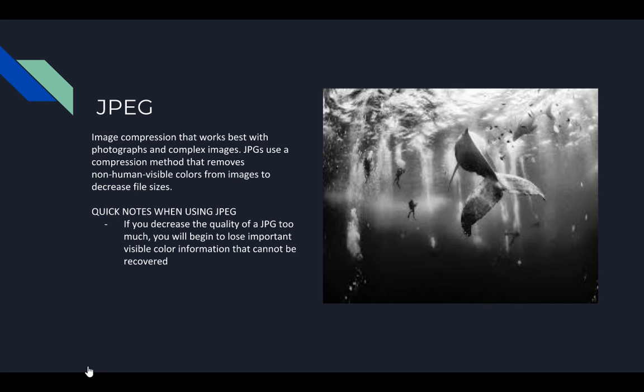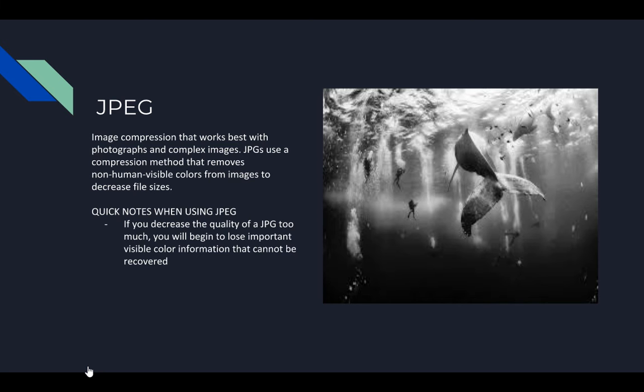So JPEG is a lossy file format, which means it can be compressed. Every time you save a JPEG, it will be compressed by removing the colors or pixels that are close to each other. It will basically remove everything that the human eye can't see, and also compress the file.